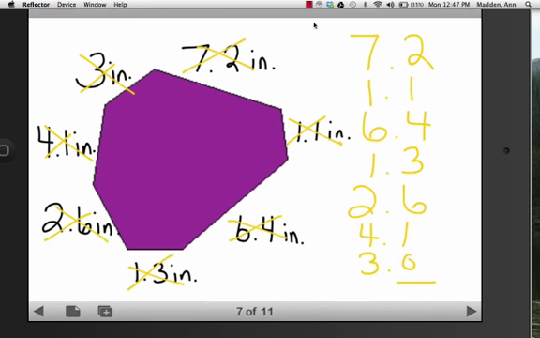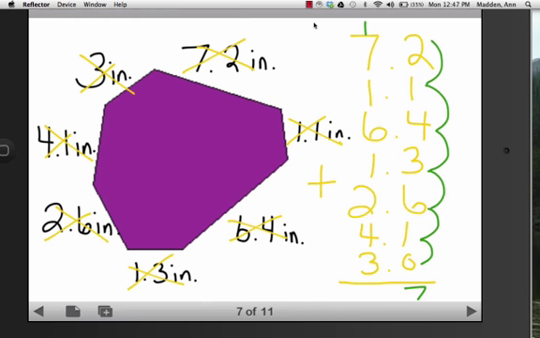Let's take a look. 2 plus 1 is 3. 3 plus 4 is 7. 7 plus 3 is 10. 10 plus 6 is 16. 16 plus 1 is 17. 17 plus 0 is still 17. The 7 goes down below.